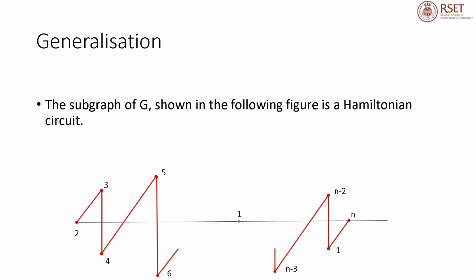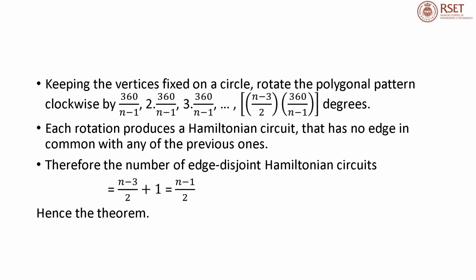You can generalize. Similarly, if there are n vertices and n is an odd number, we can fix 1 here and place the remaining vertices 2, 3, 4, 5, 6, and so on, on the circle and rotate.